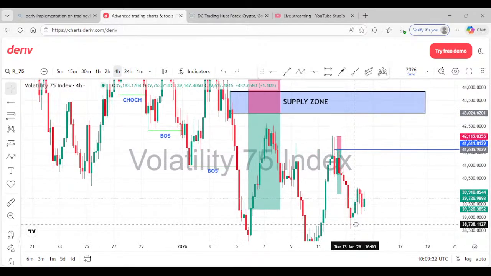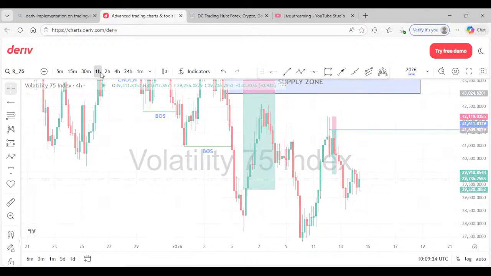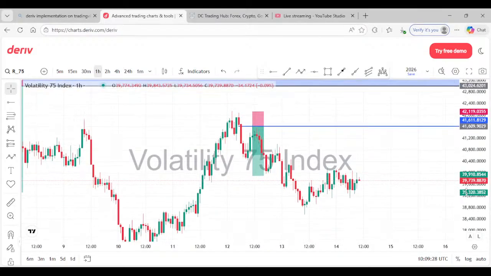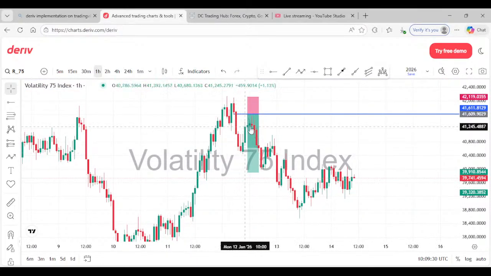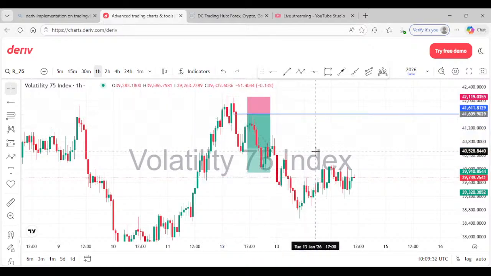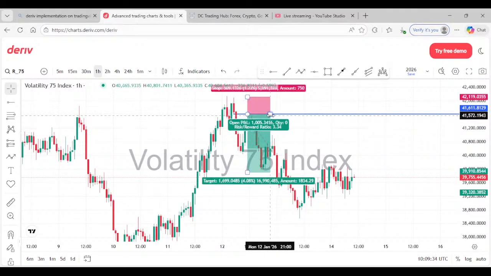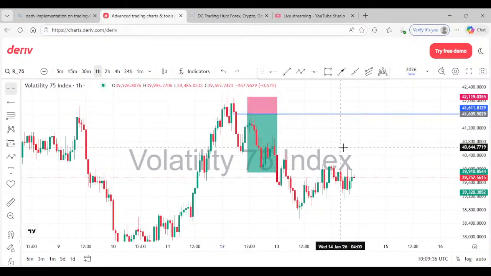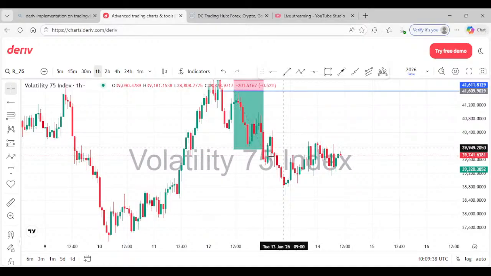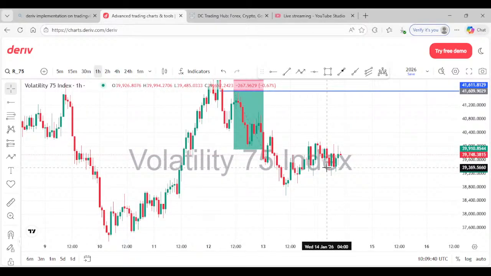We don't have a clean setup here. Let me go on H1. We don't have a good setup here. And because of this consolidation, it makes it difficult for price to move cleanly and very fast.